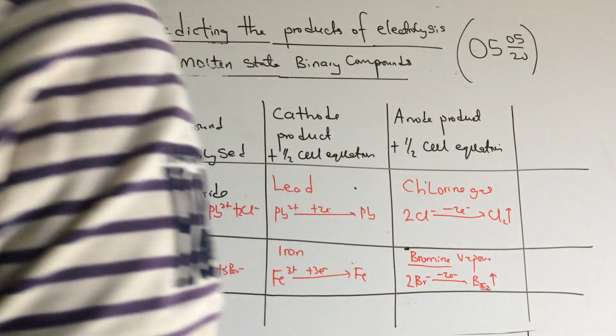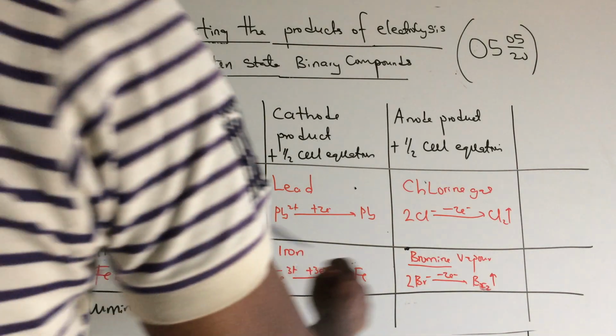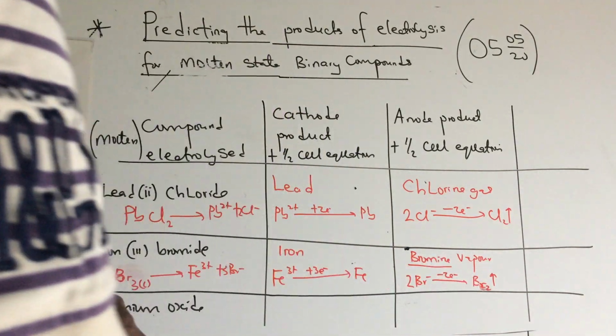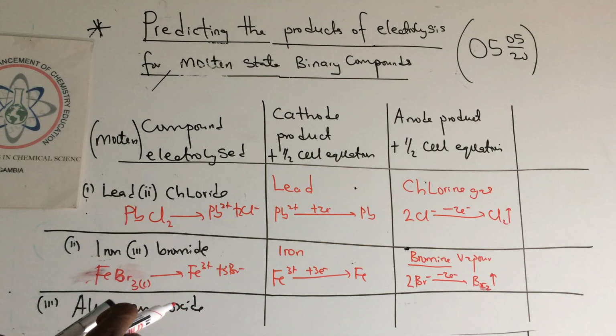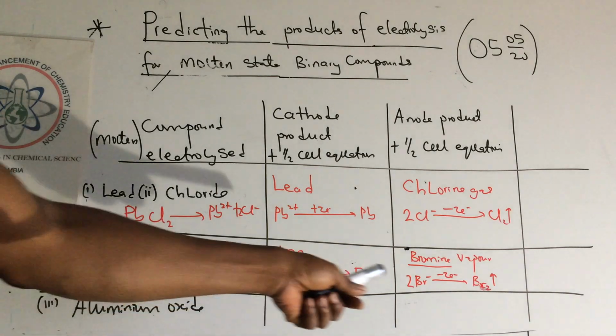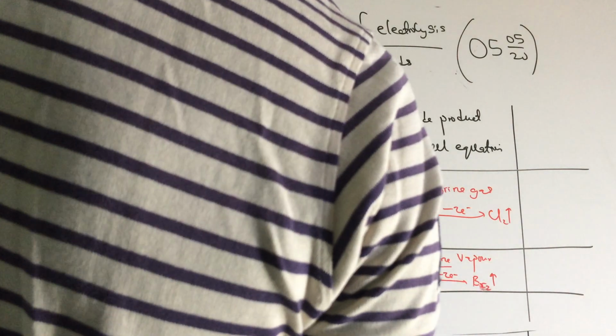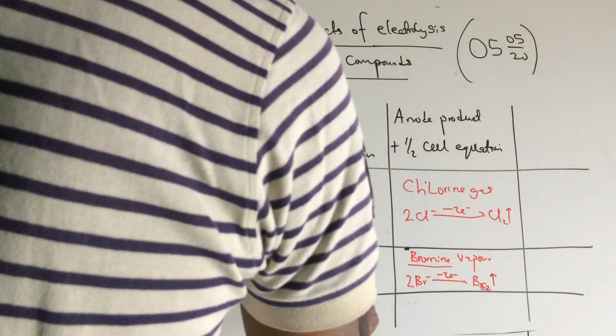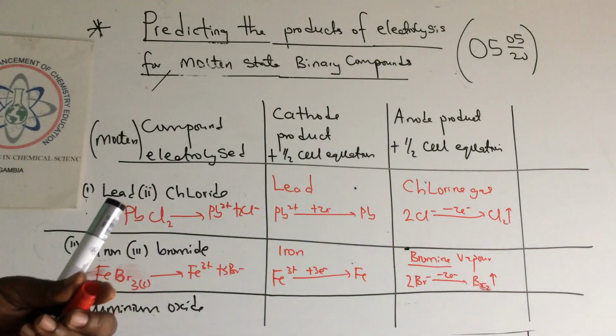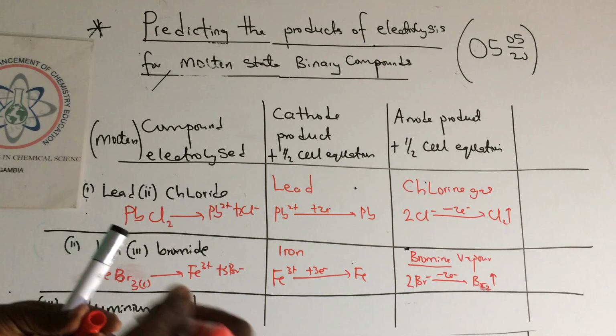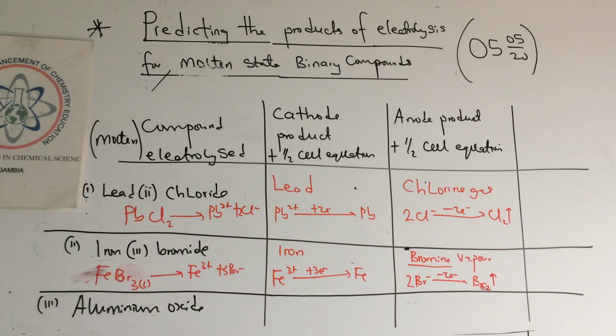That's the ionic equation, though the electrons here are not balanced. If I have to do that, I have to teach you how to balance that. But just know the product here is bromine vapor, and this is iron. Then the next one, if you look at this, that would be aluminium.